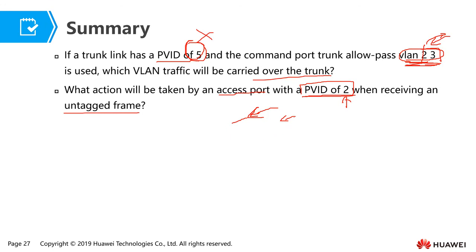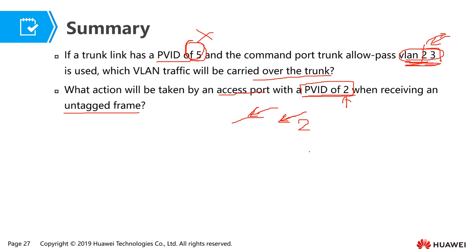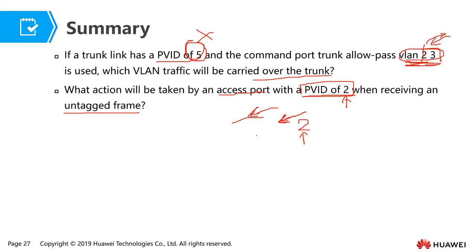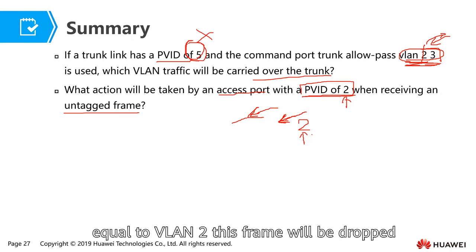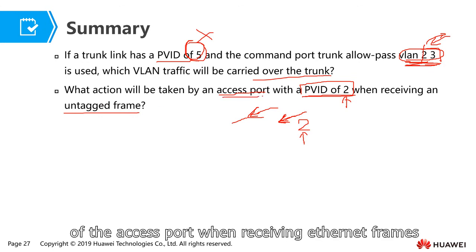It can also receive a tagged frame, but the tag can only equal 2. If it equals VLAN 2, then the tagged frame will be accepted. If not equal to VLAN 2, the frame will be dropped. This is the action of the access port when receiving Ethernet frames.